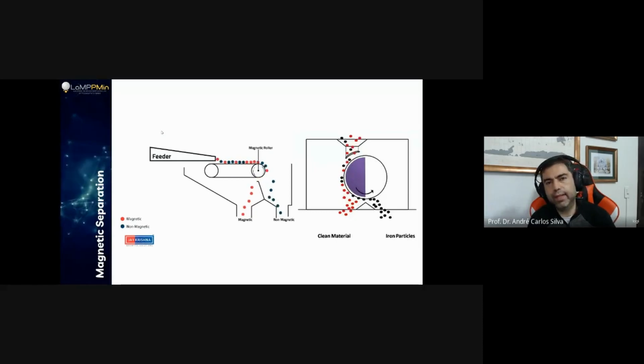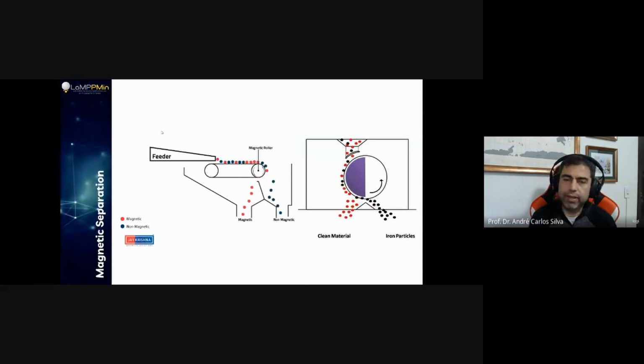We could take this material with something around 2% of iron, but that's enough to contaminate your ceramic, and we reduced it to something like 0.0 something. Okay, and just by magnetic separation, though we didn't use this machine exactly. I'm going to show you guys what machines we actually used, but this one is also interesting. What is the difference between the machines?